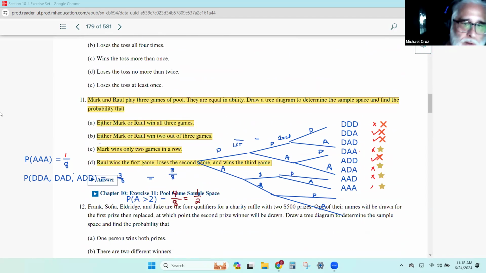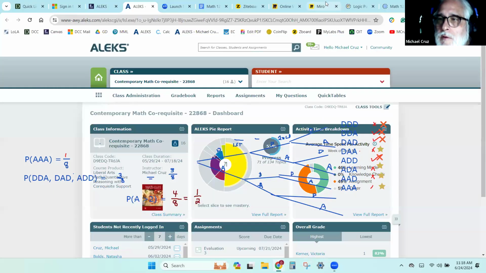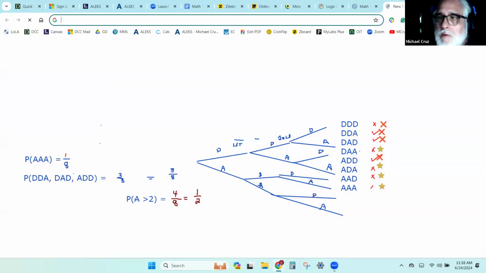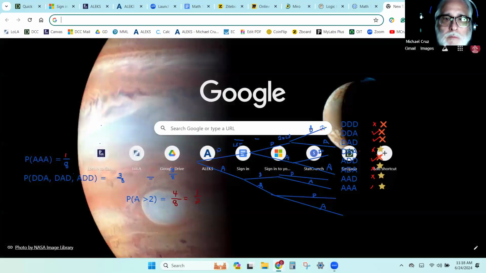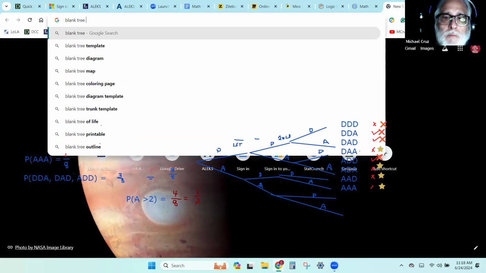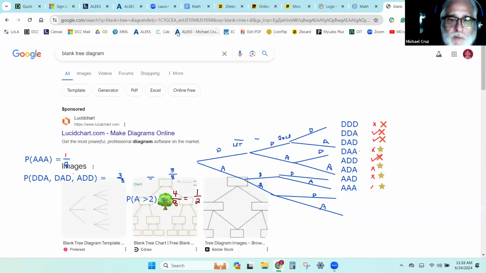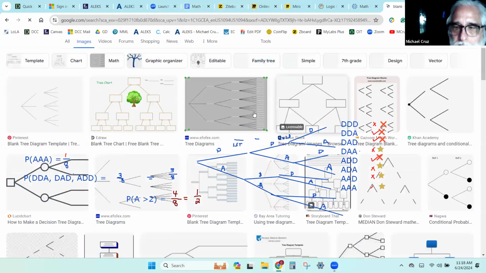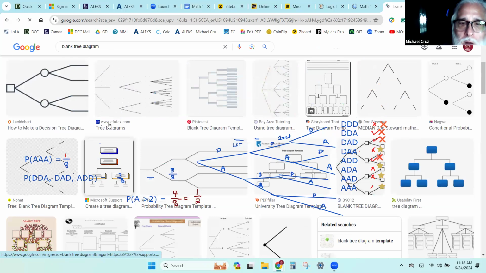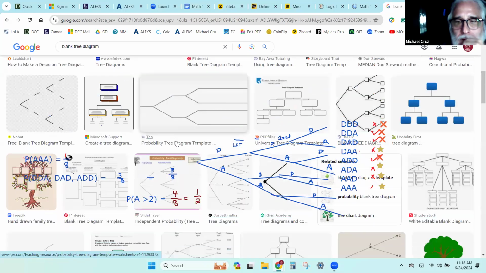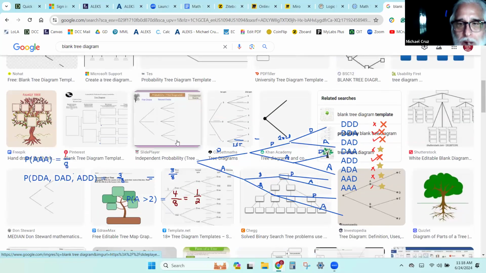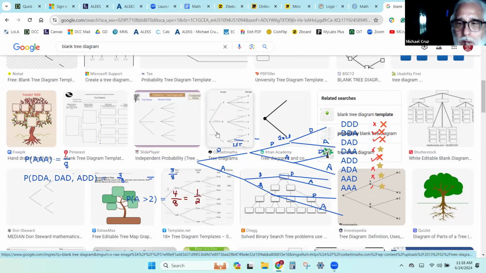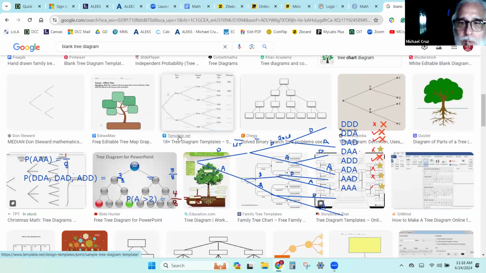All right, this is a good one here. Now, let me see if I can do something here. Let me see if I can find a template on here I can use. I don't have to draw the darn thing every time. It's got to be three choices of 2.